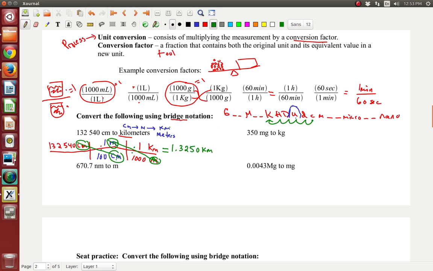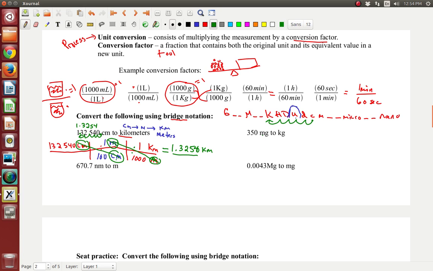So if I write my original number and move it 5 spaces to the left, the decimal's at the very end. 1, 2, 3, 4, 5 spaces. The decimal needs to now be right there. So it should be 1.3254. And that's what I have. So I use this as a check for my answer up here.